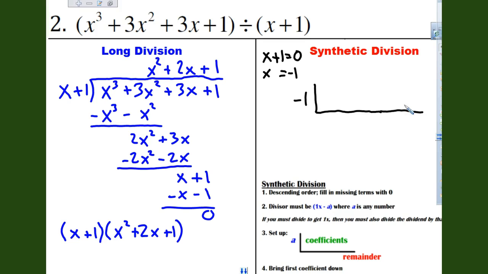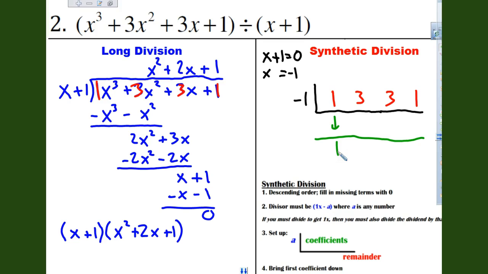So today, just the technical part. So what numbers should we put here? Right, well, we got 1, 3, 3, and 1. Okay. I'm going to bring down just the first right there.